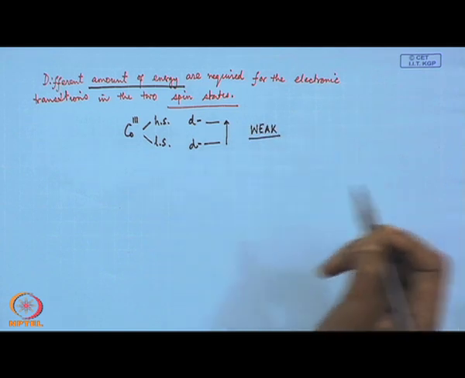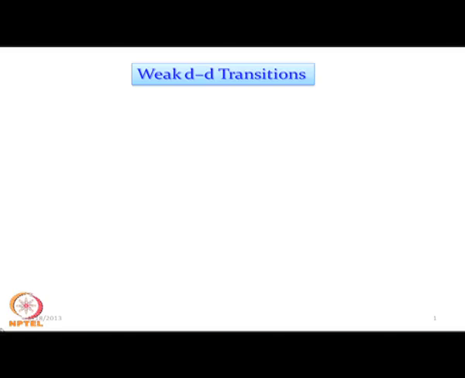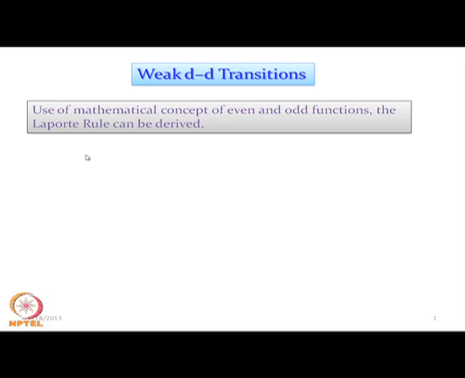So, whenever we find any weak dd transitions in metal complexes, how we can utilize them for characterization we will see. So, we will have weak dd transitions. We will be using some mathematical concept of even and odd functions. These functionalities are related to the corresponding type of the d orbitals, whether it is dxy orbital or dx square minus y square orbital.